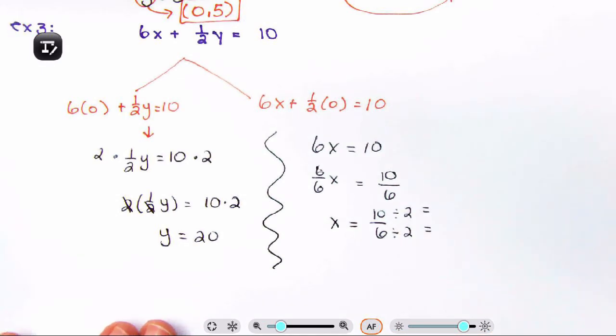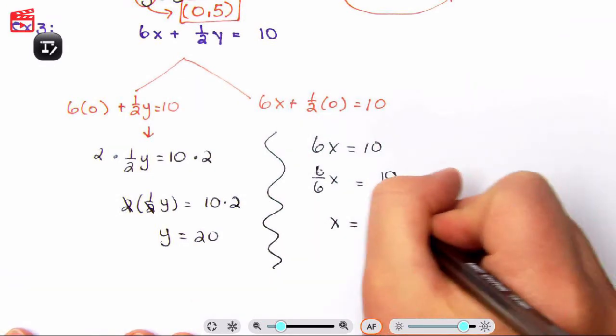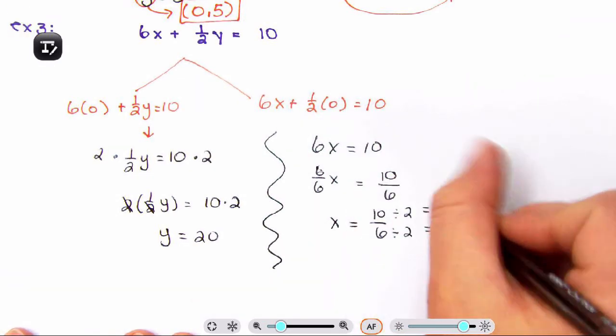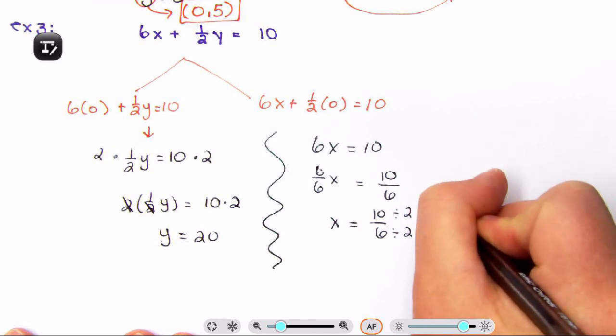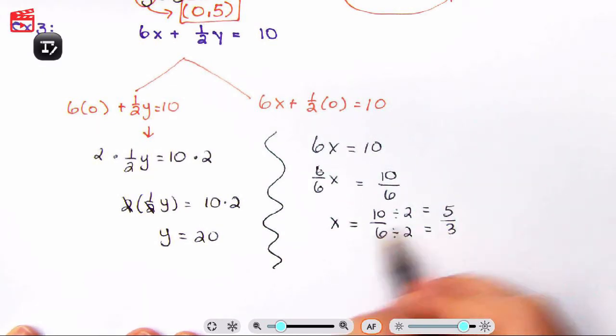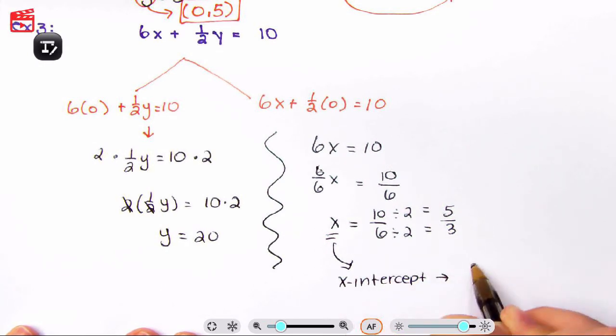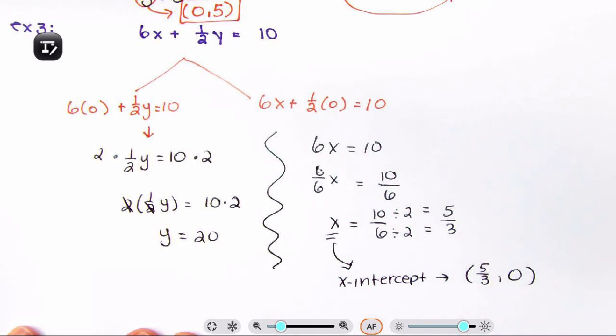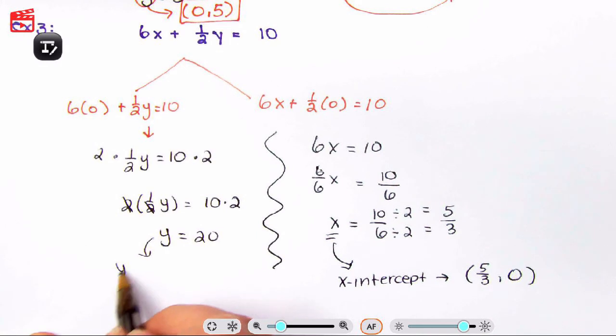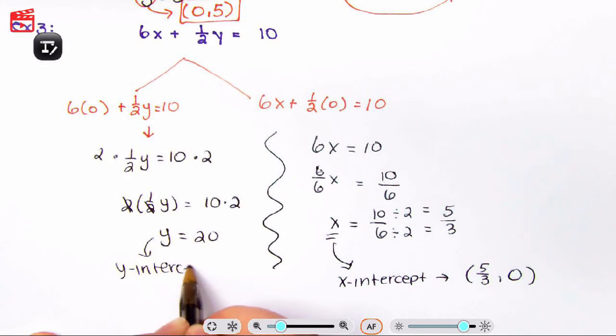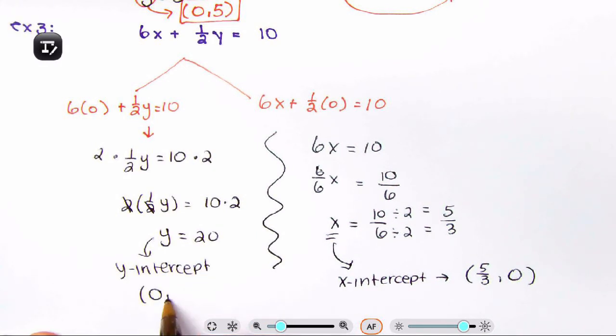You have to make sure you have it simplified. So we have 5/3. Again, this is your x, so you have your x-intercept, meaning you put your number in the x spot. This is your y-intercept. You put your number in the y spot, and the other number is 0.